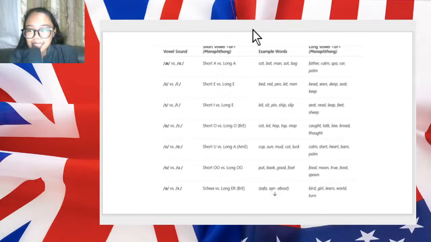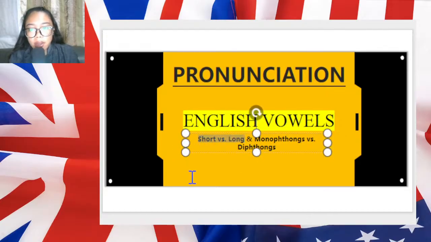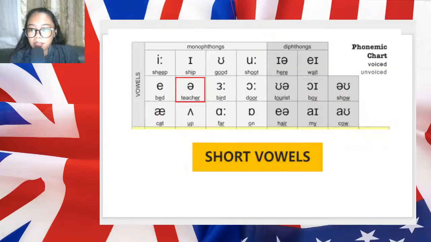All right. That's actually the end of our session for today. For today, we've talked about English vowels. We've covered short versus long vowels. And as you can see on our screen, in our session for tomorrow, we're going to tap into monophthongs versus diphthongs. Okay?